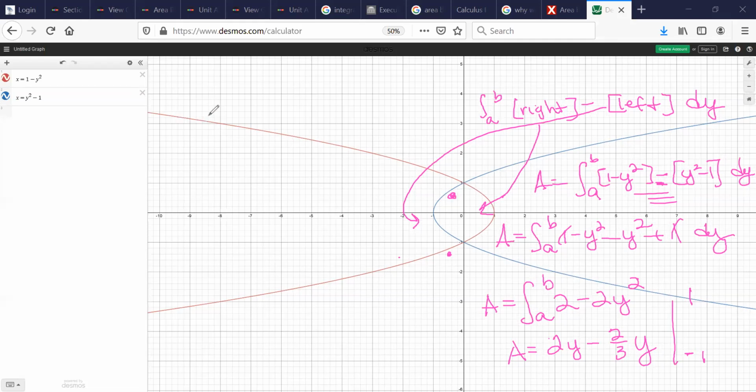Here we go. All right. That's going to end up being, the area is equal to, I'm going to go ahead and plug in 2 times 1 minus 2 times 1 to the third over 3, minus 2 times negative 1 minus 2 times negative 1 to the third over 3.